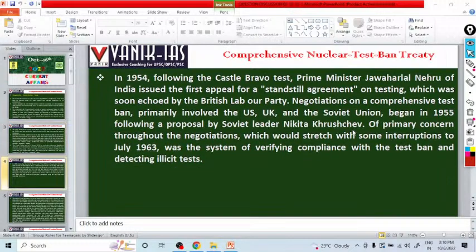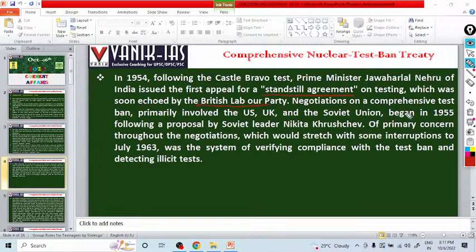Fine. In 1954, following the Castle Bravo test, Prime Minister Nehru of India issued the first appeal for a standstill agreement. For what? Nehru appealed for a standstill agreement on testing, which was soon echoed by the British Labour Party.